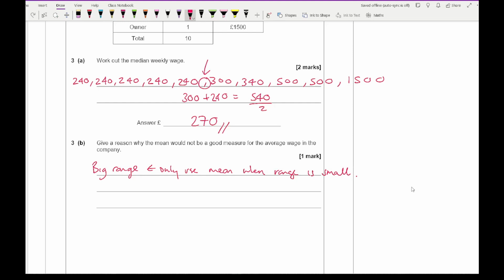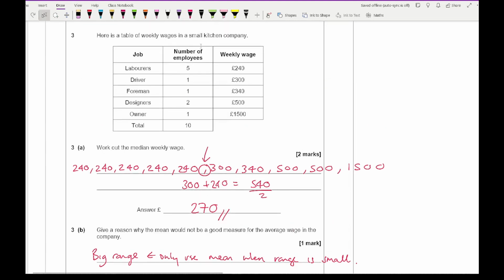You could also say that the owner's wage will distort the average as it's much higher, but something along the lines would be fine for 1 mark. And again, you could also say that there's quite a lot of labourers in the role, which again will mean that there's a lower mean than what's expected.